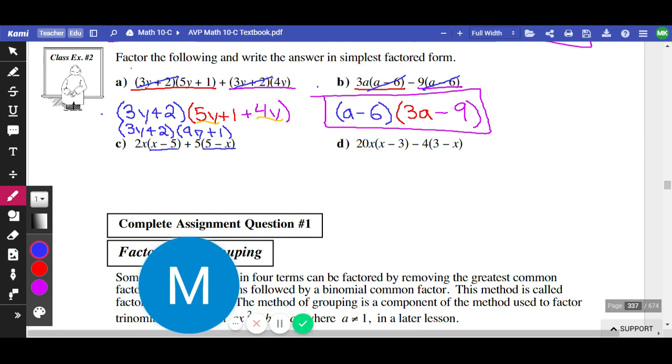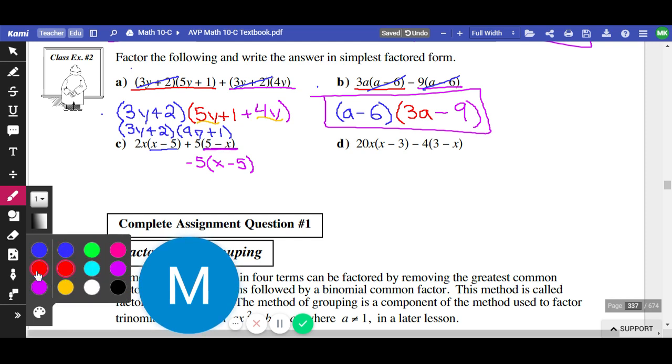So if we look at this one right here, and I take out a negative 1, it would change the 5 in front to become negative 5. And then inside the brackets reverses to be x minus 5. So you can flip them by changing the symbol in front.